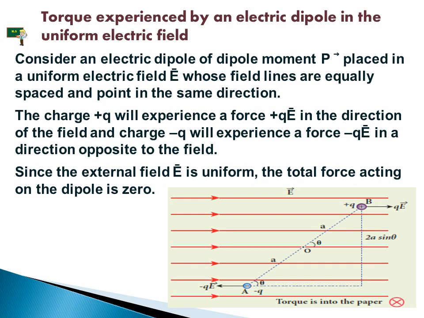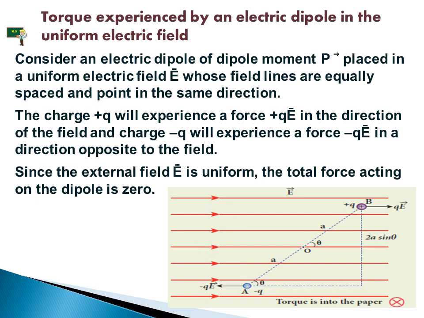Consider an electric dipole of dipole moment P placed in a uniform electric field E, whose field lines are equally spaced and point in the same direction.